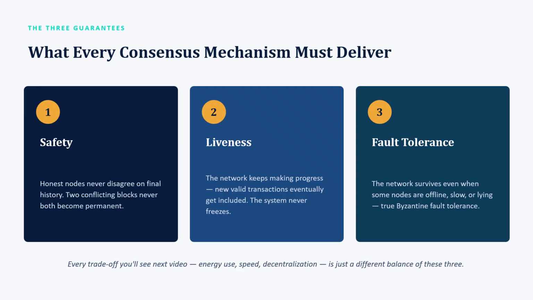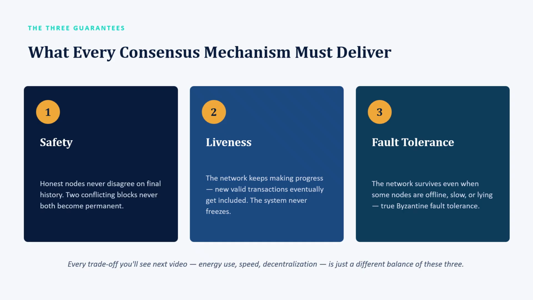Every consensus protocol, no matter how different it looks on the surface, is judged against three non-negotiable properties. First one, safety. Honest nodes never disagree on the final confirmed history. Two conflicting blocks never both become permanent. Next one, liveness. The network keeps making progress. New valid transactions eventually get included.